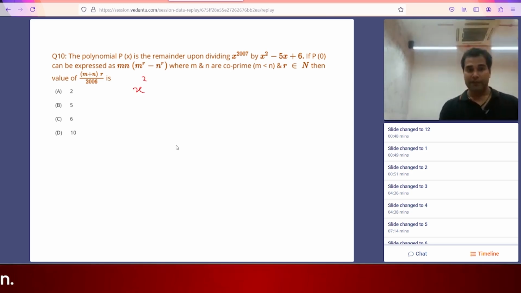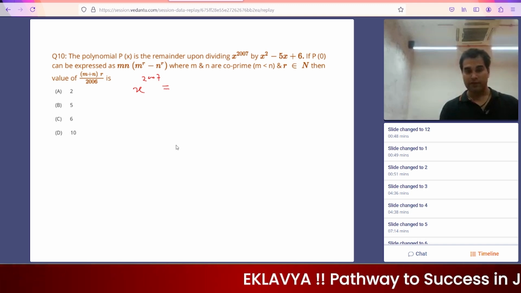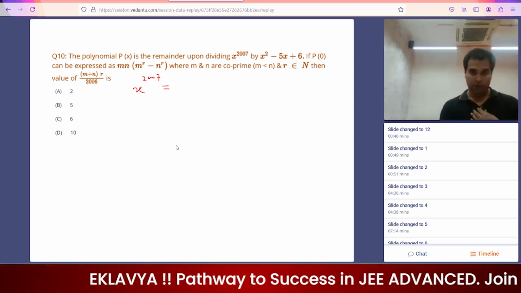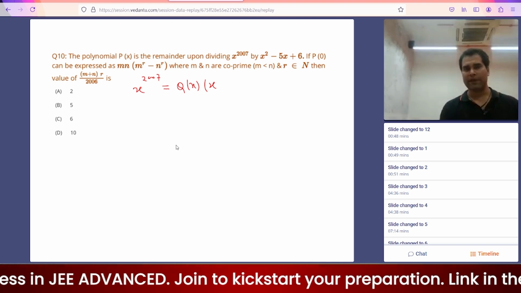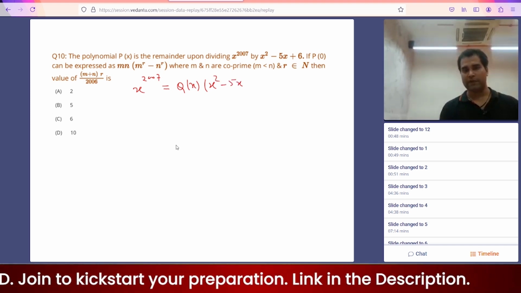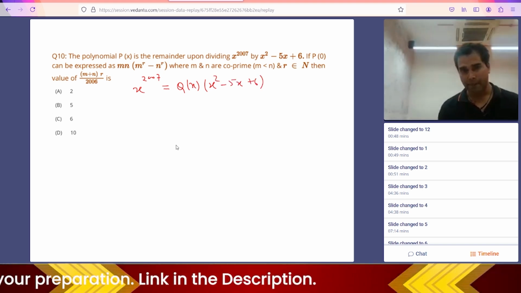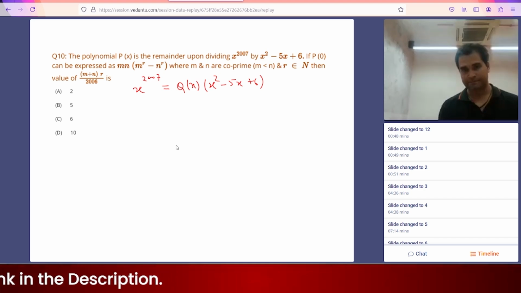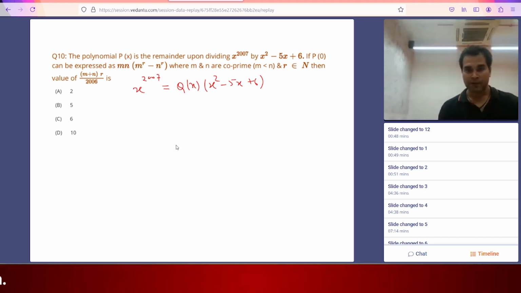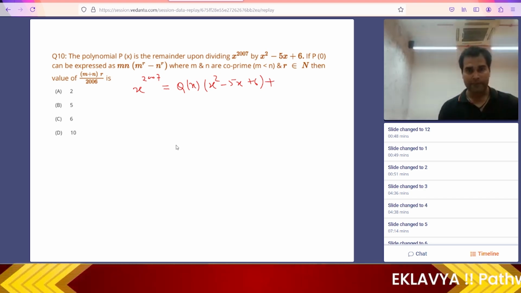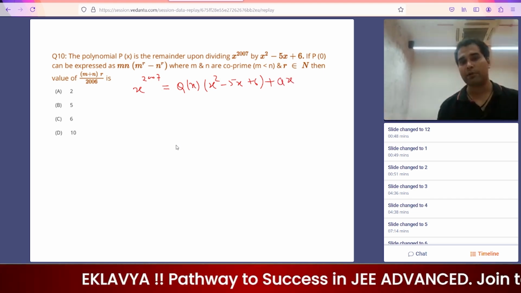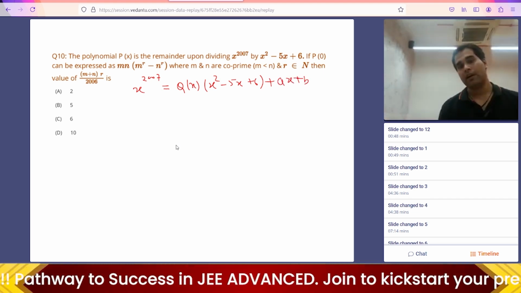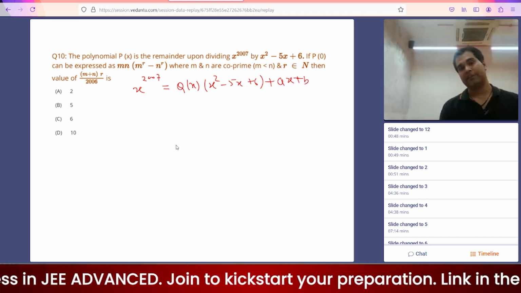For any polynomial given that x^2007, when divided by this, we get an equation q(x) into x square minus 5x plus 6. It's okay. And the remainder means, if we divide by any quadratic polynomial, the remainder is of one less degree, that is, of the form ax plus b.